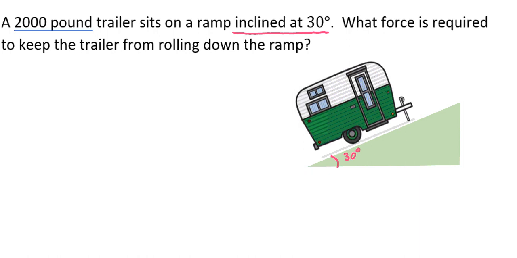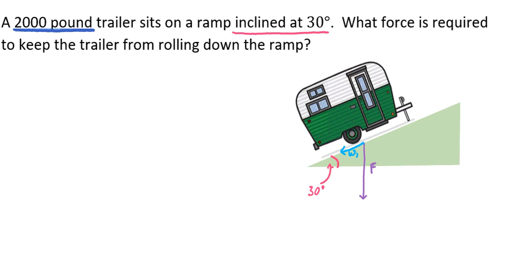And we were told that it was a 2,000-pound trailer. Now remember, the force F due to gravity is going to pull the trailer down the ramp and against the ramp. We're going to let W1 represent the vector of gravity pulling our trailer down the ramp.